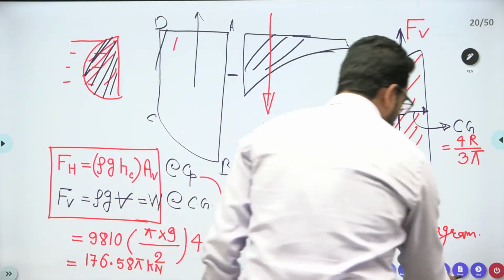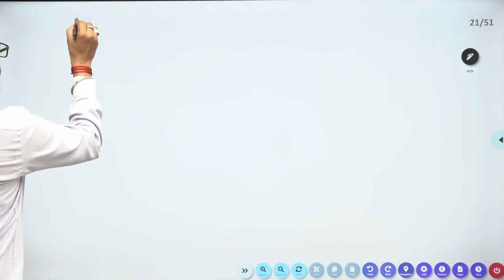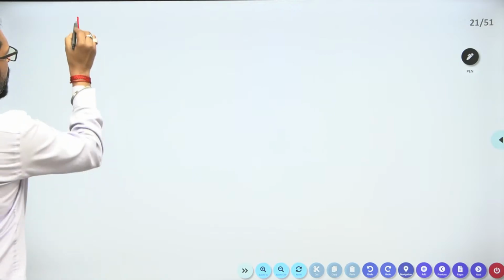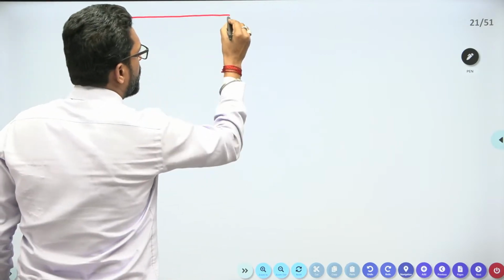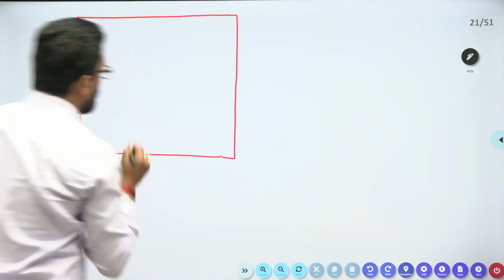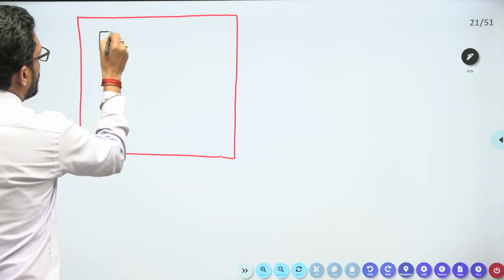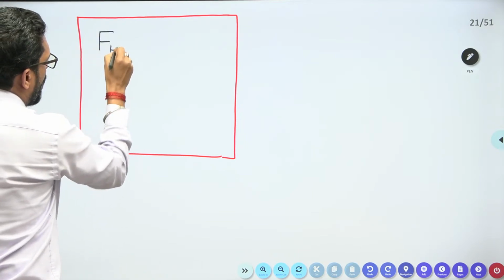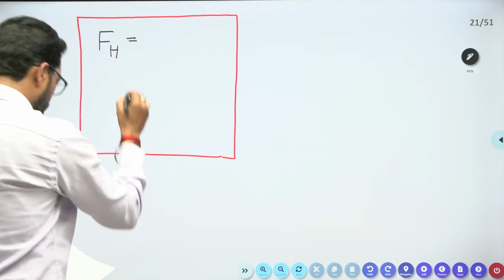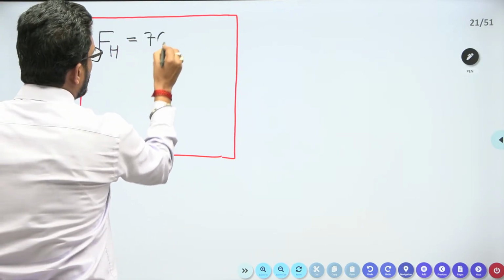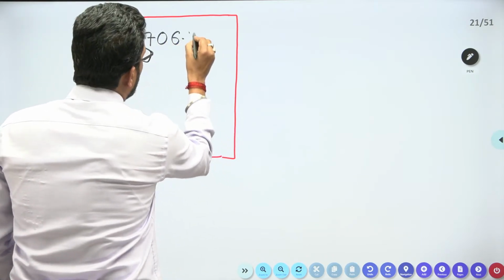So you have to find the vertical force. See, this is your diagram. This is your data. What you have to calculate? You have to calculate the horizontal force. This is the net horizontal force. What is that net horizontal force? I have the data, no problem. 706.32 kilonewton.